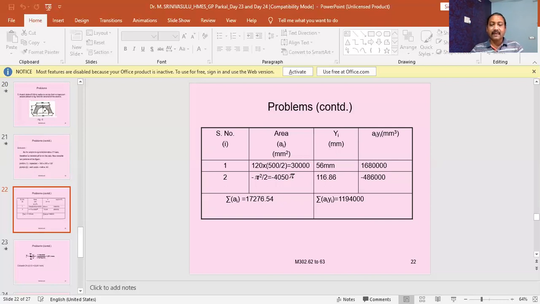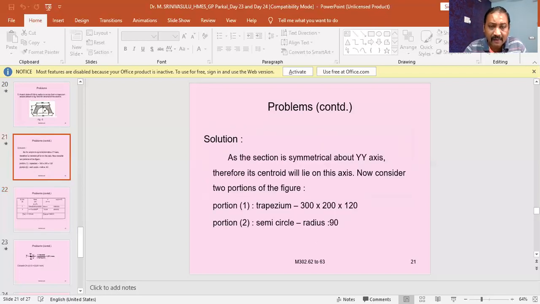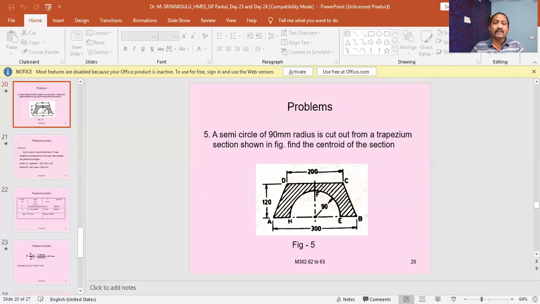Now for part 1, the area of the trapezium. You know very well the area of the trapezium. Here the height is 120, one side is 300 and the other side is 200.